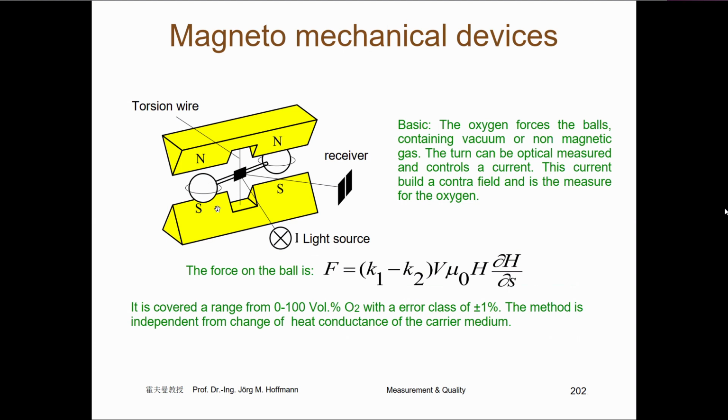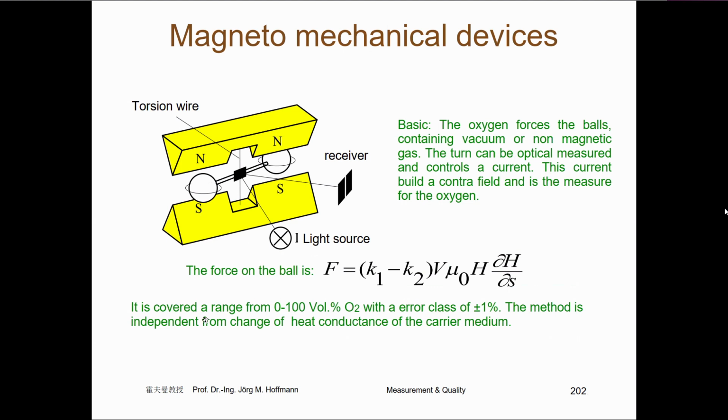This is a glass ball which is filled with a gas which contains no oxygen. Normally it is helium. Also on this side. And then you have here one ring of a coil.